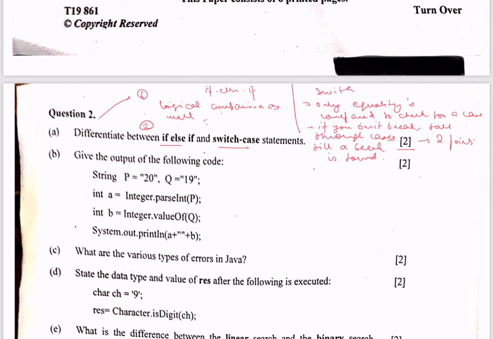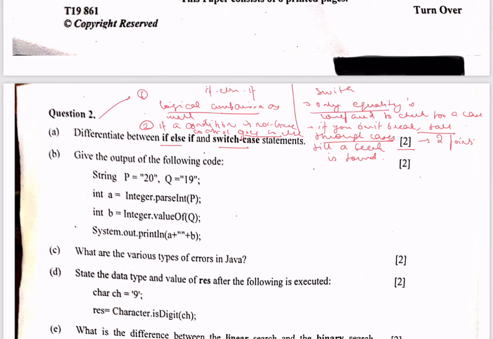If a condition is not true, control goes to else. So basically it's about fall through and going to else here, and it is about logical comparisons as well, plus equality in if else if and only equality in switch.